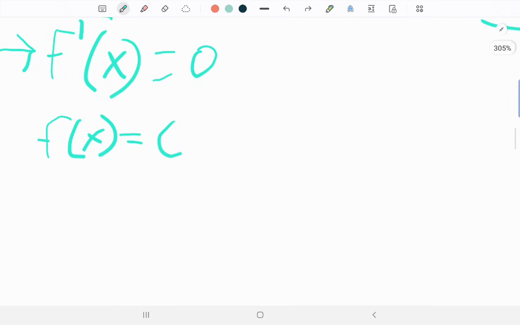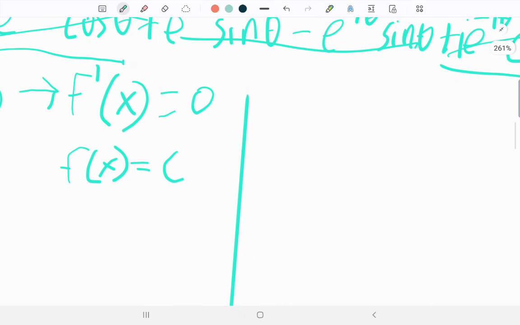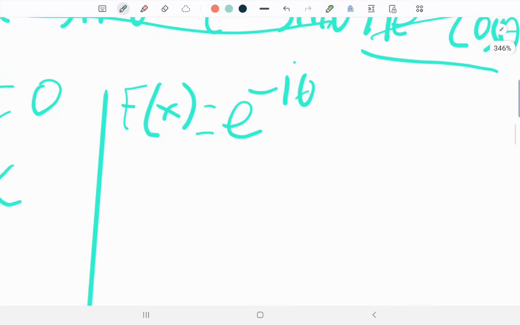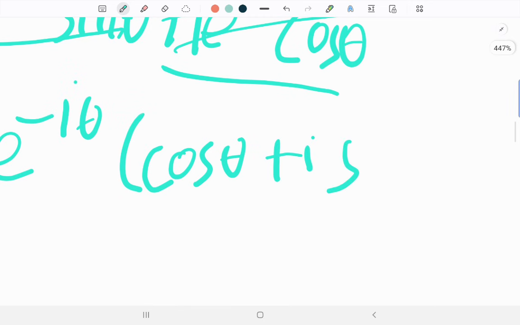So how can we find the value of the constant? First, let's use our function as we established in the beginning: f of theta is equal to e to the negative i theta times cosine of theta plus i times sine of theta.